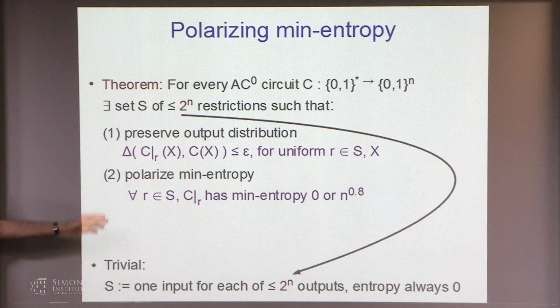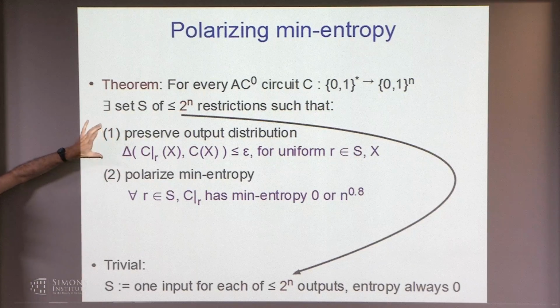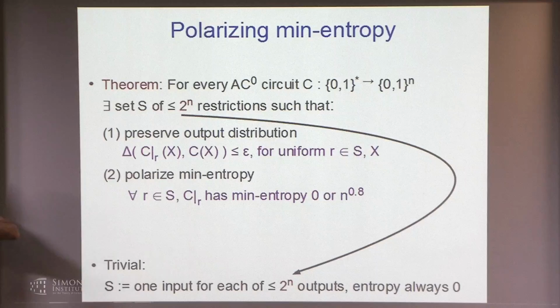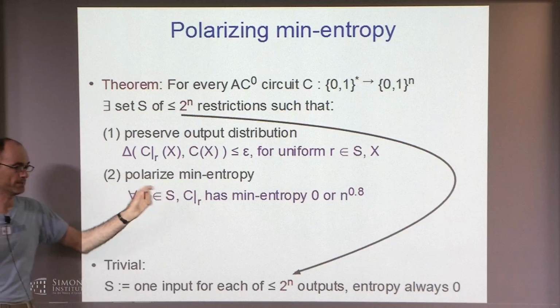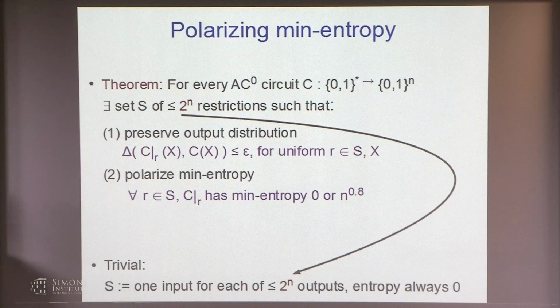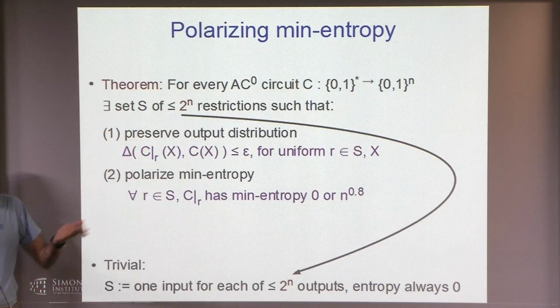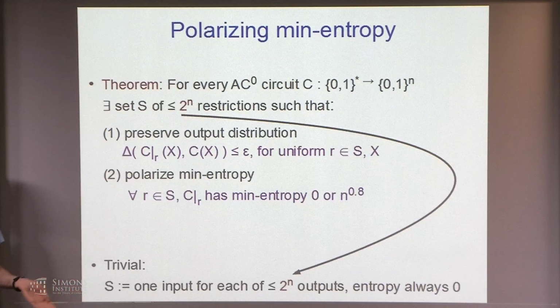And this will exactly preserve the output distribution, at least if it's flat probability. And of course, it will polarize, because then the circuit is completely fixed. The min-entropy will always be 0. Does it make sense? Of course I can do this. S will be a bunch of inputs, the circuit is fixed, and the distribution is exactly preserved.